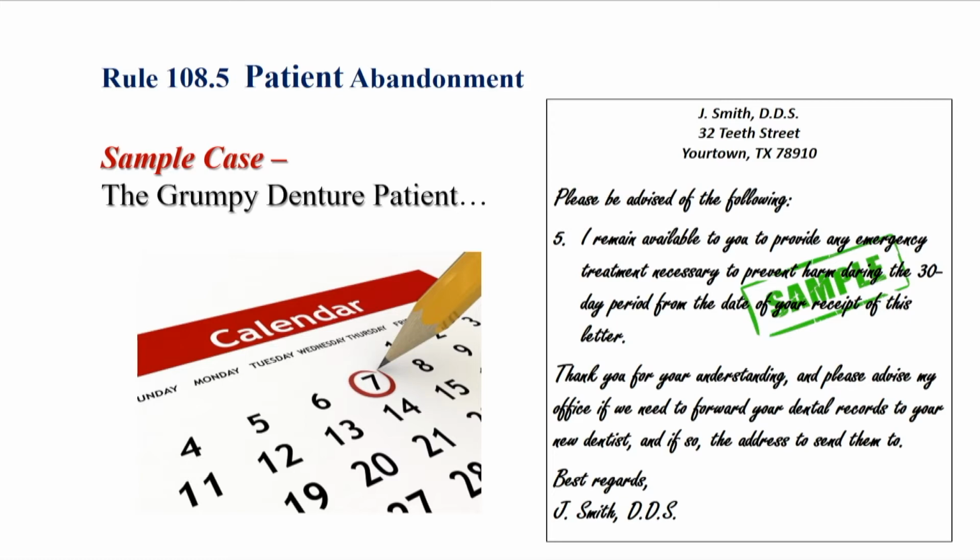This again is your proof that you complied with the requirements of the rule. You do not have to resend the letter by certified mail at this point. At this point, you've done everything that the rule requires technically.